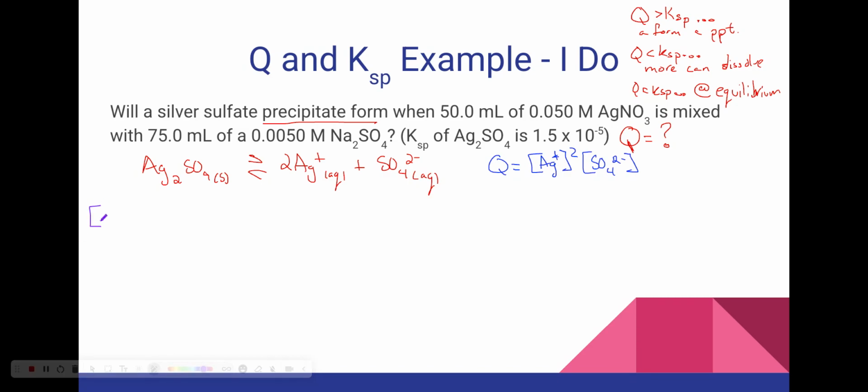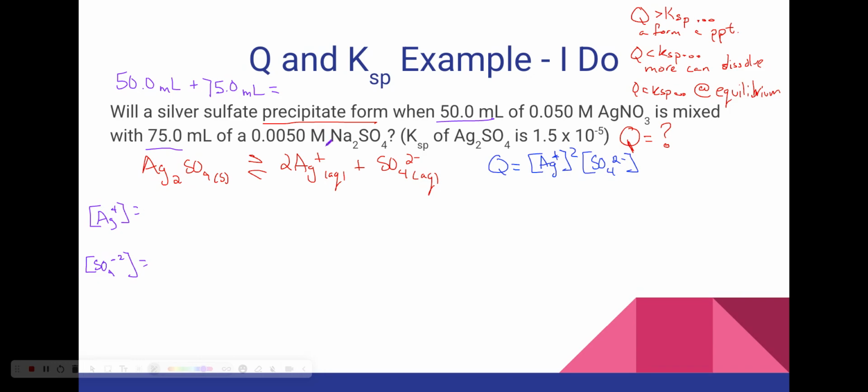So we need to find the concentration of silver ion, and then we need to find the concentration of sulfate ion. Now, guys, you'll notice that we're adding these solutions together. We have 50 mL being added to 75 mL. And the reason I'm bringing this up is because it's not just that easy to look at the concentrations of our silver nitrate and our sodium sulfate.